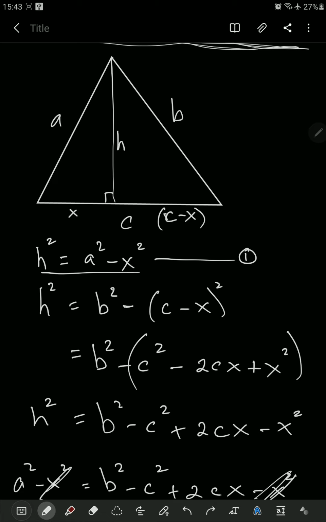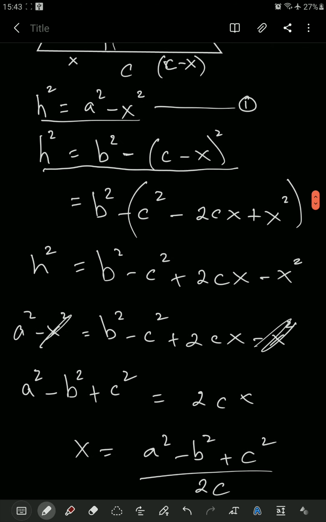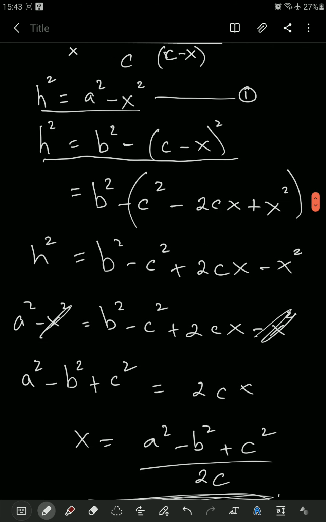So now what we have is h squared equals a squared minus x squared. We'll call that equation 1. And also for the right triangle, we have h squared equals b squared minus (c minus x) squared. And we expand that out, so we get b squared minus c squared minus 2cx plus x squared, or h squared equals b squared minus c squared plus 2cx minus x squared.